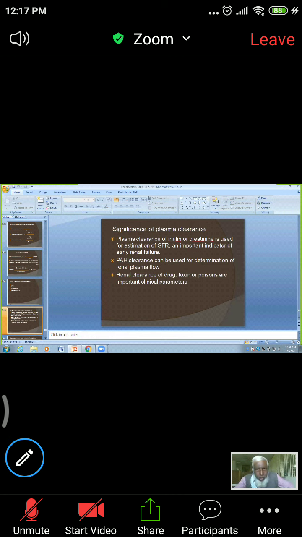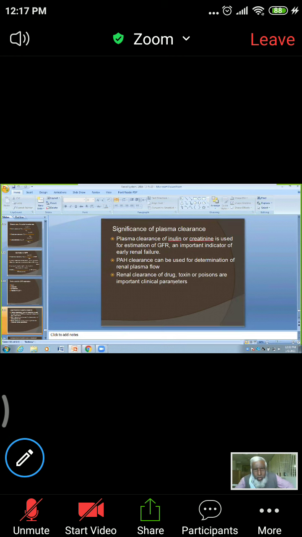Another importance of clearance: para-aminohippuric acid clearance is used for determination of renal plasma flow. This clearance test can also be used for clearance of drugs, toxins, and poisons. These are important clinical parameters.